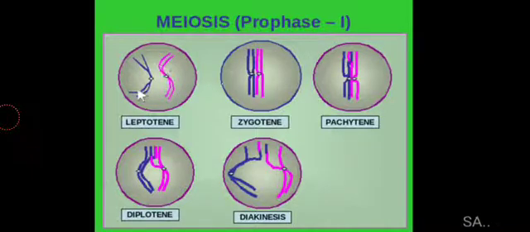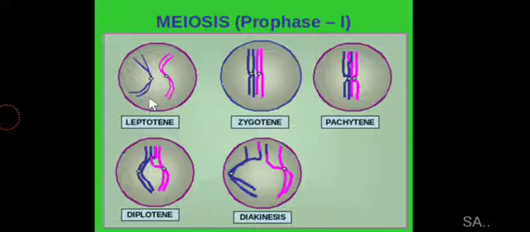So we have the homologous pair here. One of the pair you get from your father and the other from your mother. So homologous chromosomes are those chromosomes which are similar in their shape and size and in their gene sequence. So in case of leptotene, what's happening?